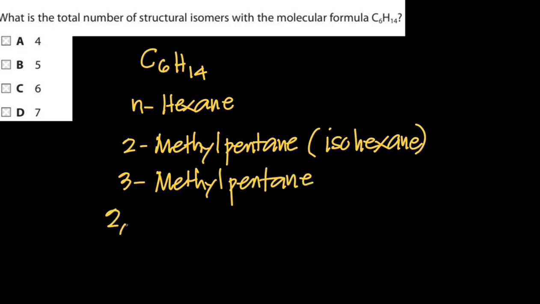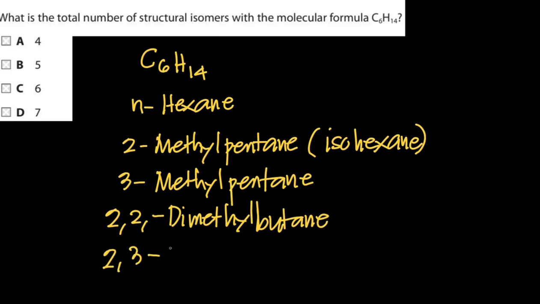Then we have 2,2-dimethylbutane, and we have 2,3-dimethylbutane. Right. Therefore, there are 5.